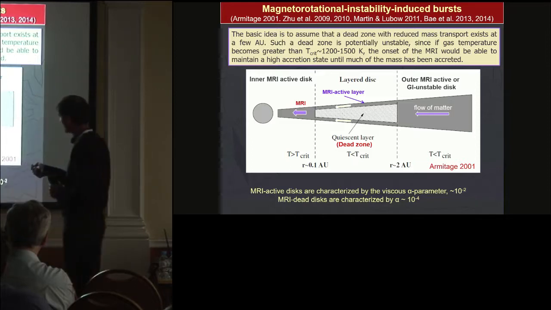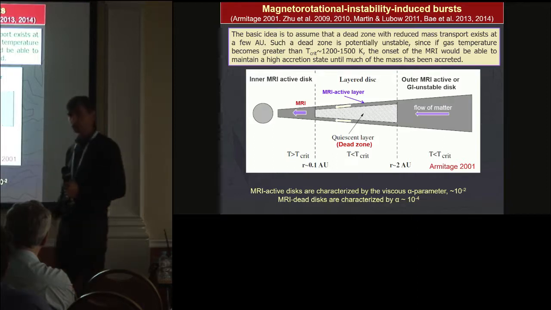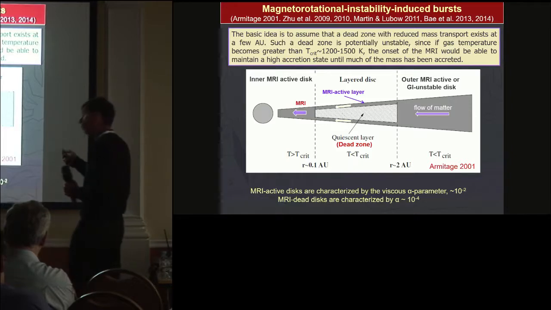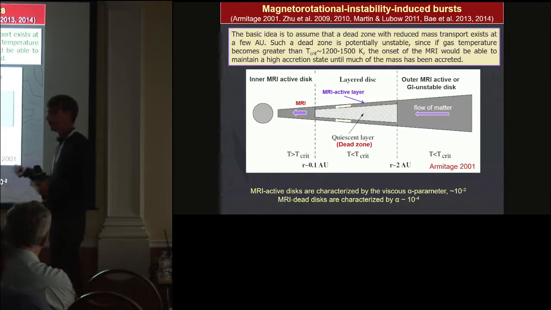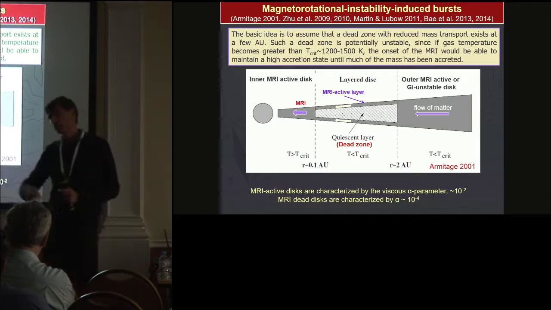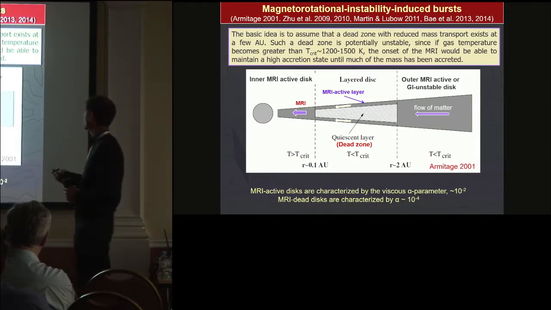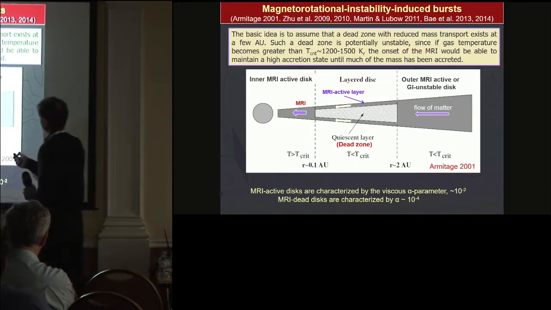But as we go still further out, we enter a region where cosmic rays can ionize the bulk of the disk again, and then MRI can be active here. Or alternatively, if we don't believe that the MRI can operate on secular timescales of millions of years, we can invoke gravitational instability here.